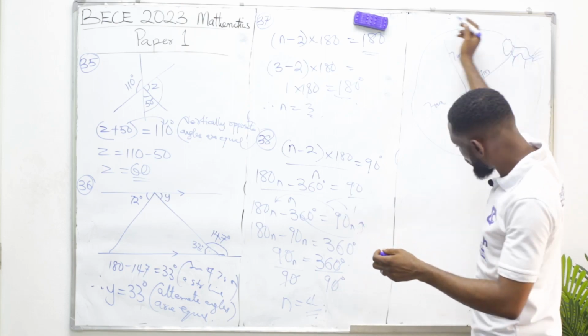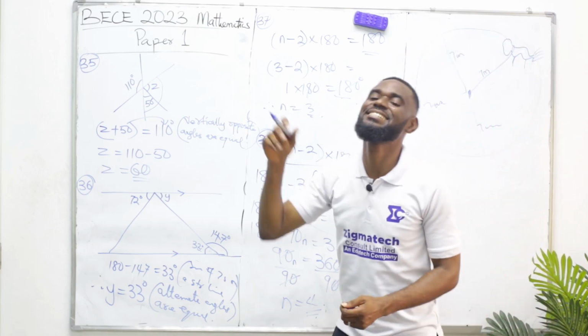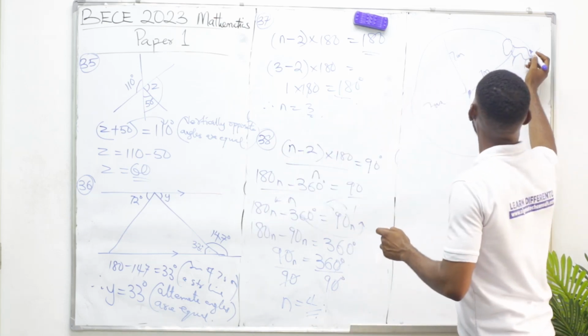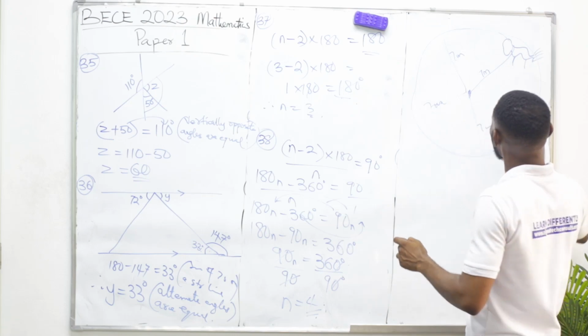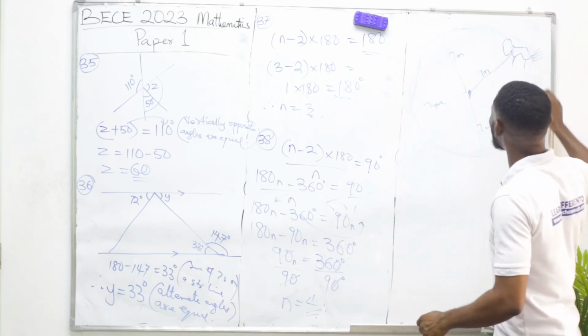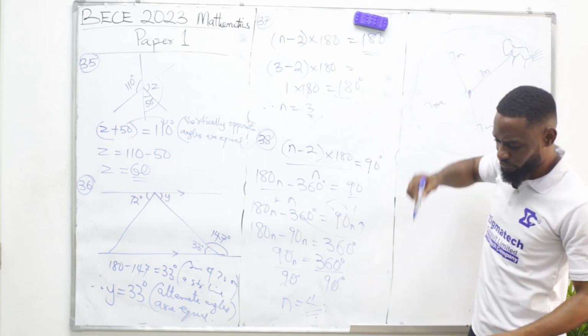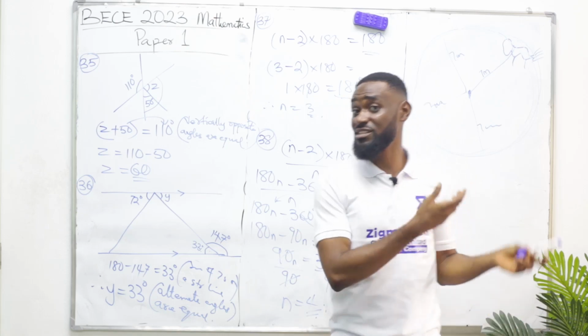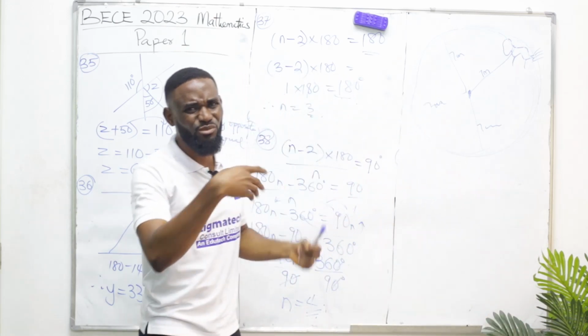Anywhere, the goat cannot extend beyond the length of that rope, and the rope is 7 meters. So the goat can only graze this entire area. So now the question is, what is the area of this grazing site that the goat can graze? That's what they're asking. So it's simply the area of a circle. They just want to confuse you.